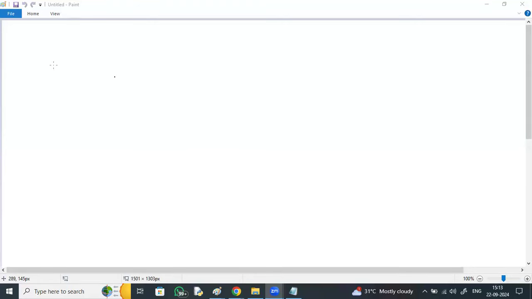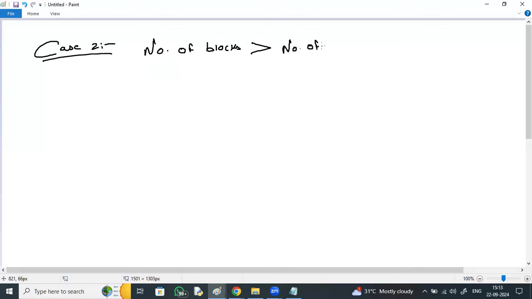This time observe this case too. Previously, number of blocks was equal to number of slaves, but here number of blocks is greater than number of slaves.